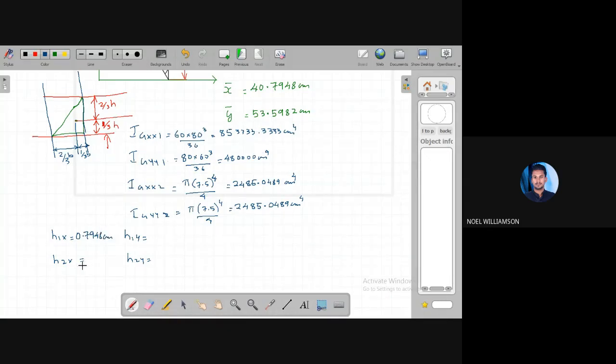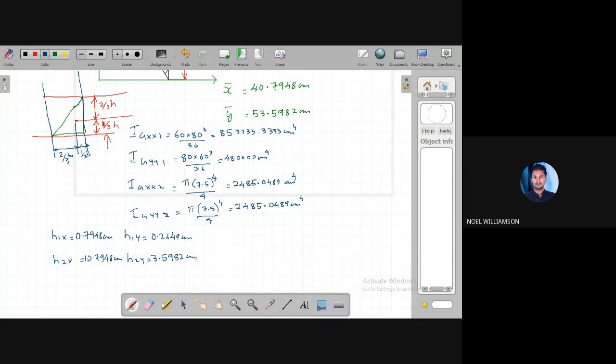H2x is 10.7948. H1y is 0.2649, and H2y is 2.